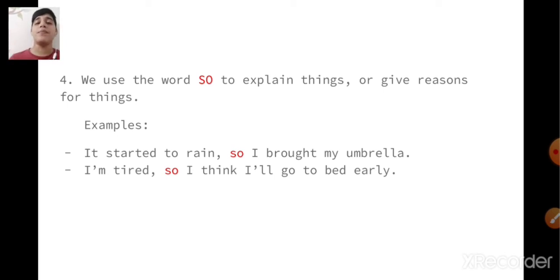Second example, I'm tired, so I think I'll go to bed early. So this person is explaining that he or she is going to bed early because he or she is tired.